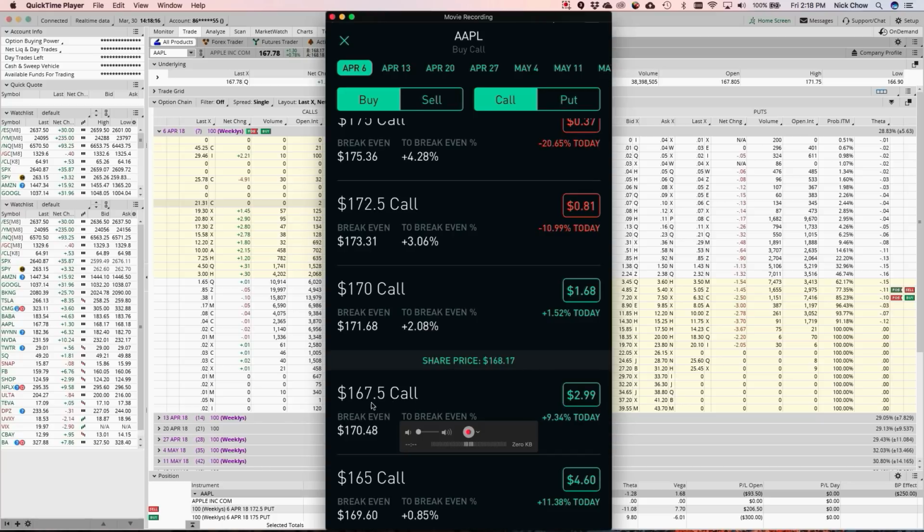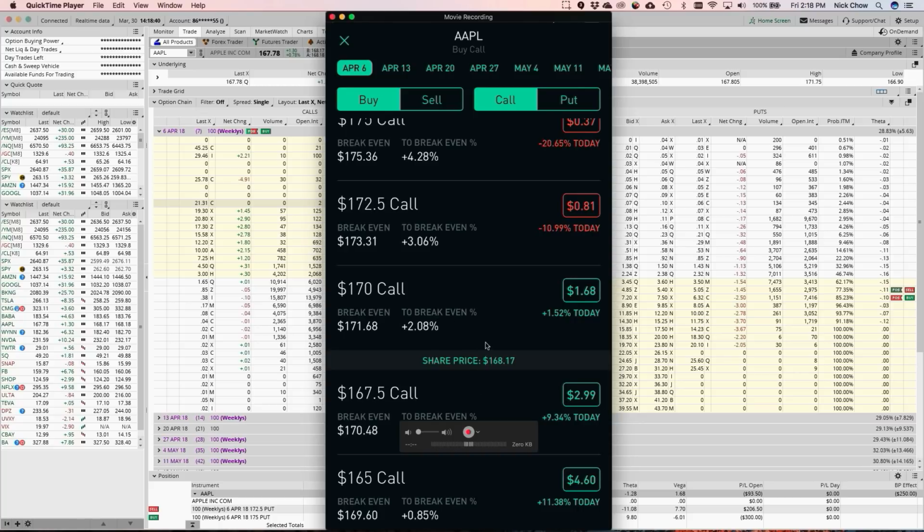So these 167.50 calls are in the money because the stock is now 168.17. The 170 call is out of the money because it's above this 168.17. So 167.50 is in the money because it's below the share price. 170 calls are out of the money because they're above the share price. It hasn't hit it yet.